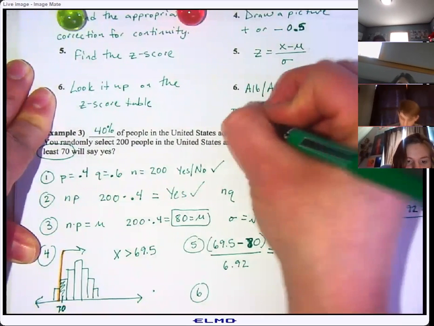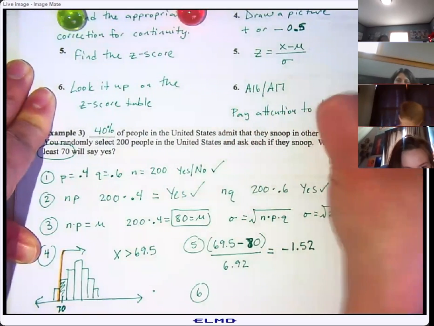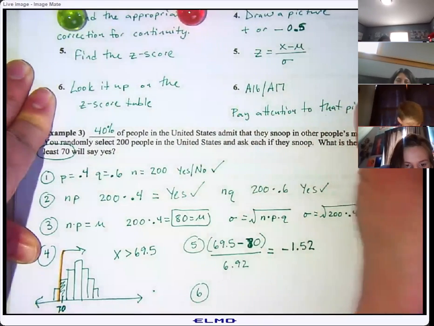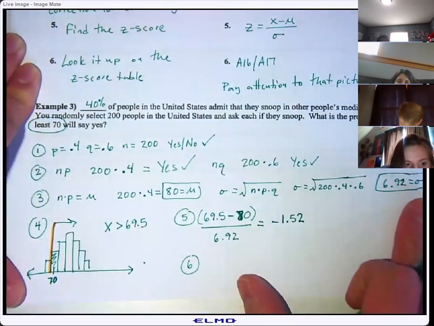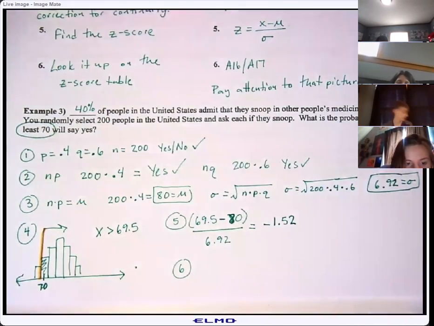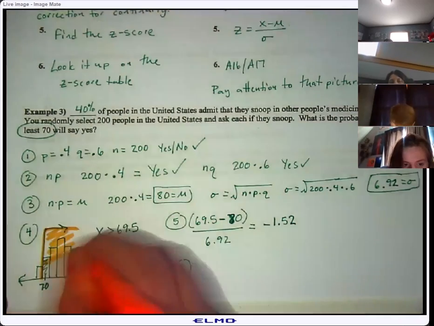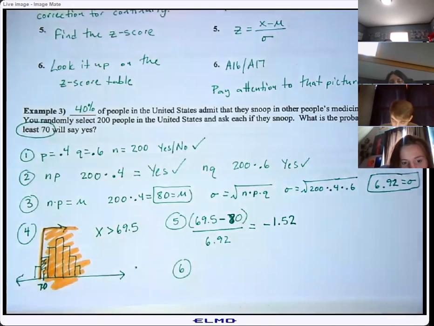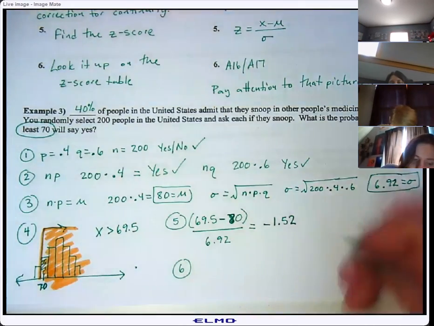I'm also going to write pay attention to that picture. So we want all of this stuff. We want to the right of negative 1.52. So if you look up negative 1.52, what do you get? You get 0.0643.